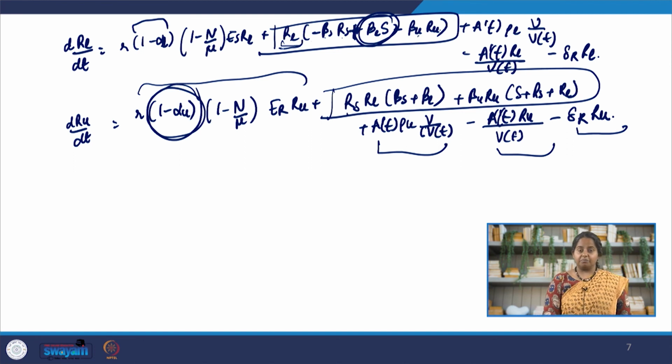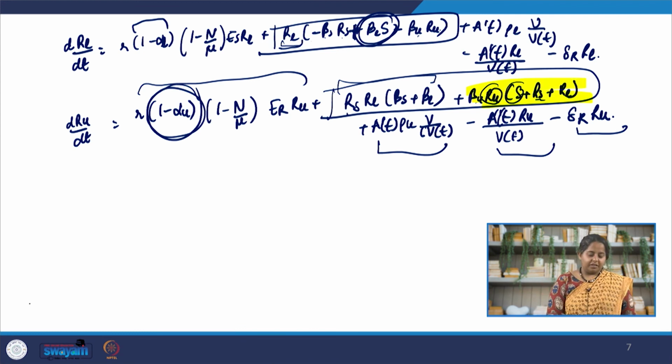Now in case of multi-drug resistant, we have something even more fascinating happening. Multi-drug resistant increases when this interaction happens, and also when a multi-drug resistant bacteria RU interacts with the sensitive bacteria, with the bacteria RS and RL. Let's look at the second part first because this is fascinating. What's happening here?